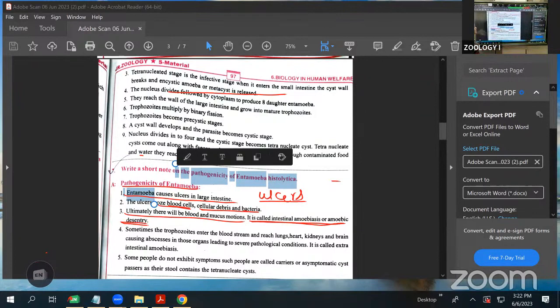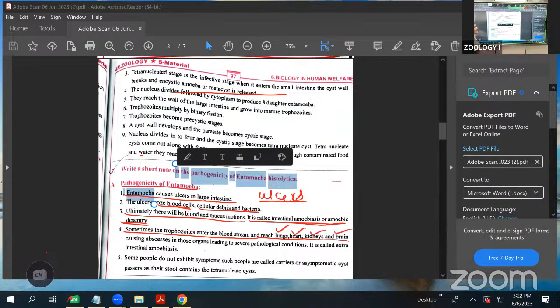Next, sometimes trophozoites enter the bloodstream. Normally, trophozoites are present in the large intestine, but sometimes some enter the bloodstream and reach vital organs: the lungs, maybe the heart, kidneys, and brain.